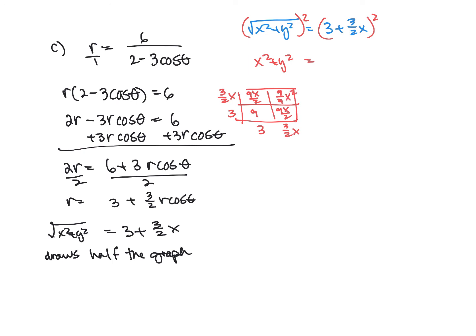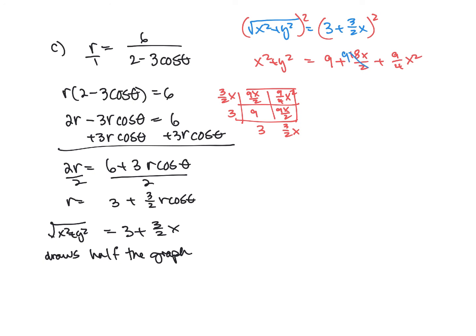So this will equal 9 plus 9, so 18x over 2, plus 9/4 x squared.